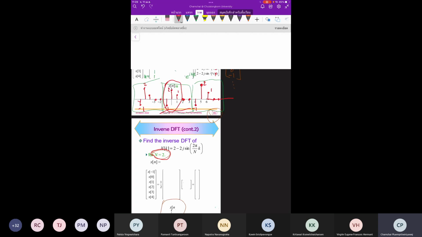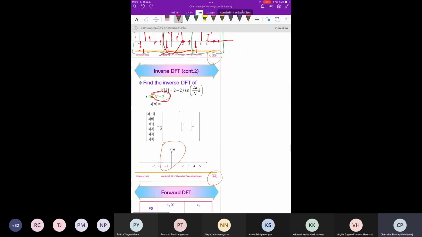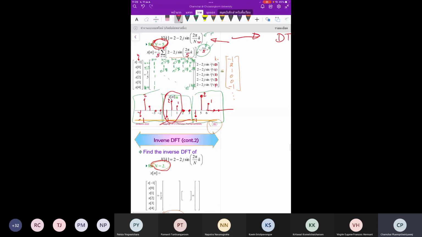When N is equal to 2, what happens to the equation?